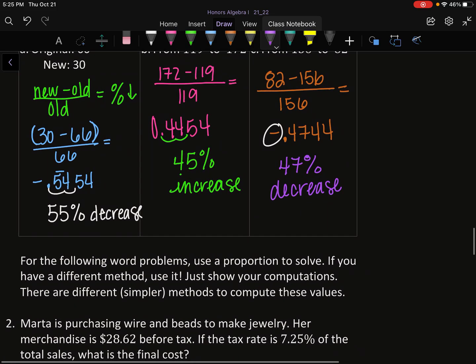Unfortunately, we now have some word problems that we're going to do using proportions. Maybe using the percent increase decrease. Maybe just using a method that I'm going to show, and hopefully you can conceptualize it and understand what I'm saying.